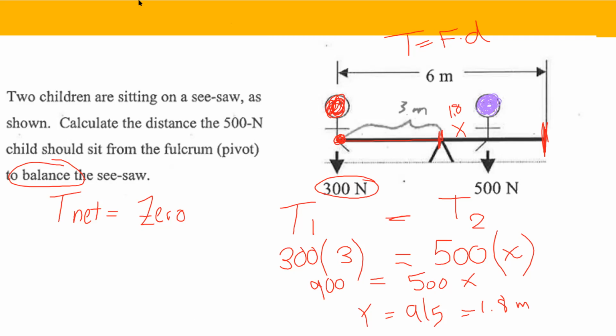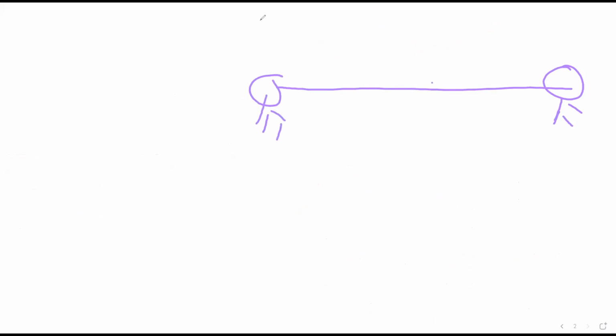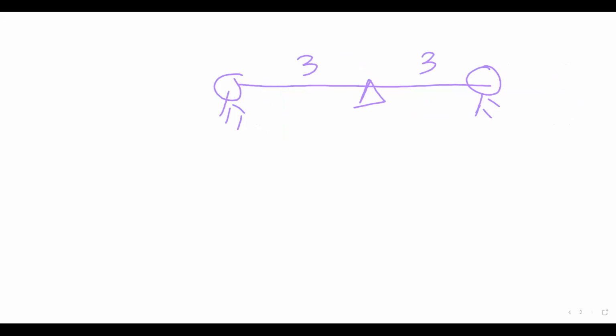Just a minute. The first case, they are sitting here. One is here, and the second one is here, and they are sitting with 3 meters from the pivot point. But as you see now, who is heavier?